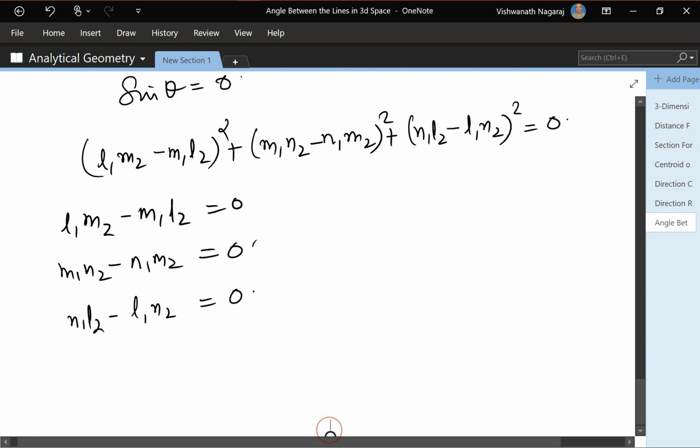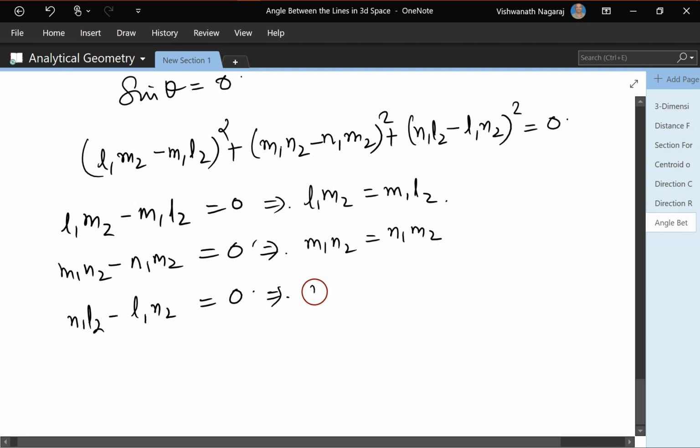All the three have to be true. Now this implies L1 m2 is equal to m1 l2. This implies m1 n2 is equal to n1 m2.